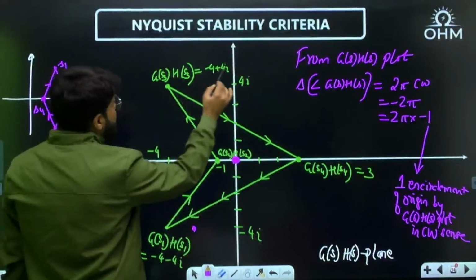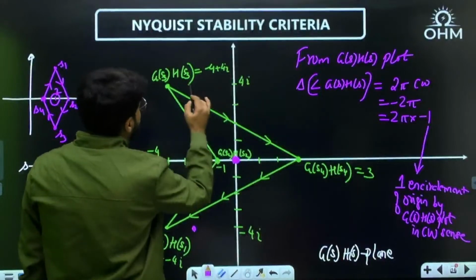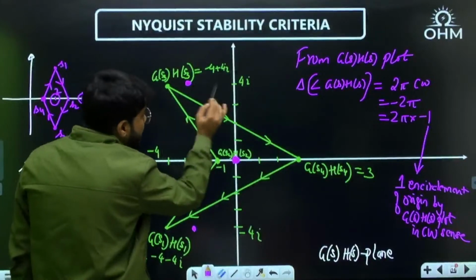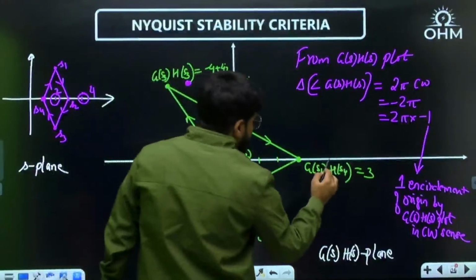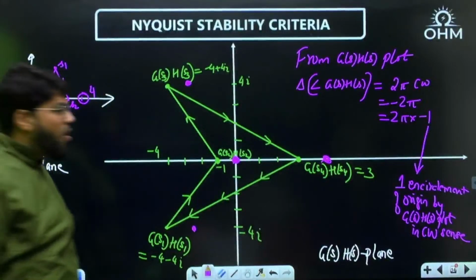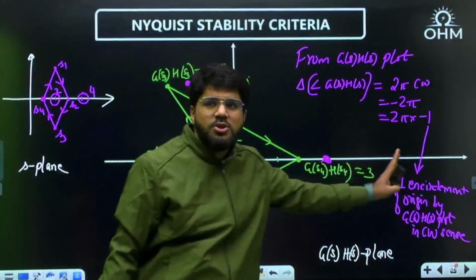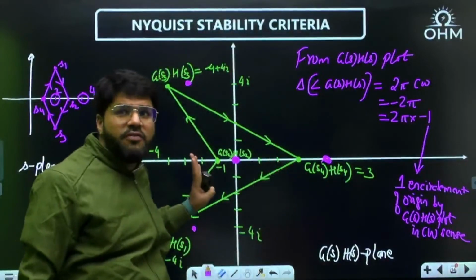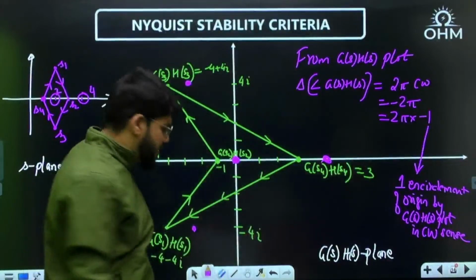Again minus 4j, so minus 4 plus 1 is minus 3, only real part. No change in the height, only change in the x direction. And 3 plus 1 is 4. All the values are added plus 1, so all the real parts are incremented by 1. So the entire plot will move along the real axis by 1 unit.